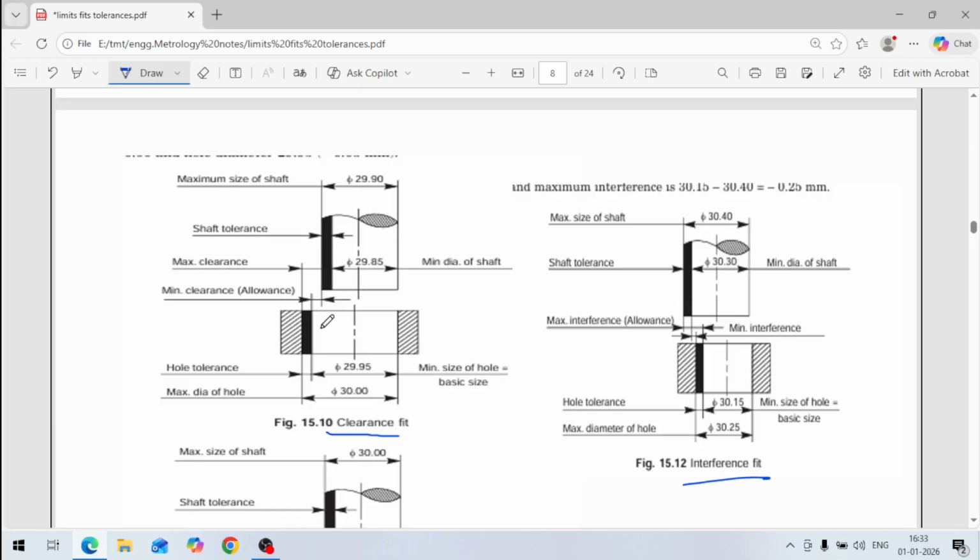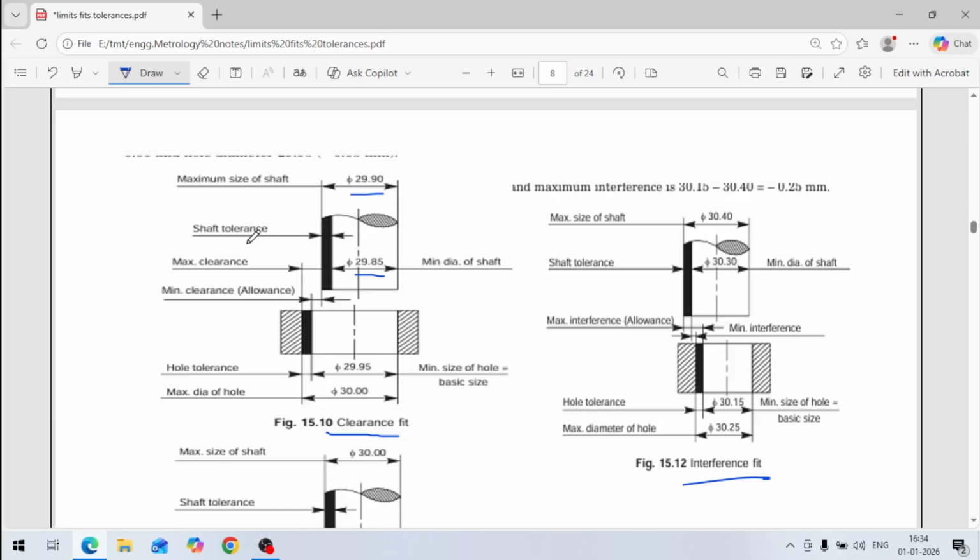If you see these two figures properly, this is your hole, this is your shaft. For the shaft, the minimum diameter given here is 29.85 mm, and the maximum size of the shaft is 29.9 mm.